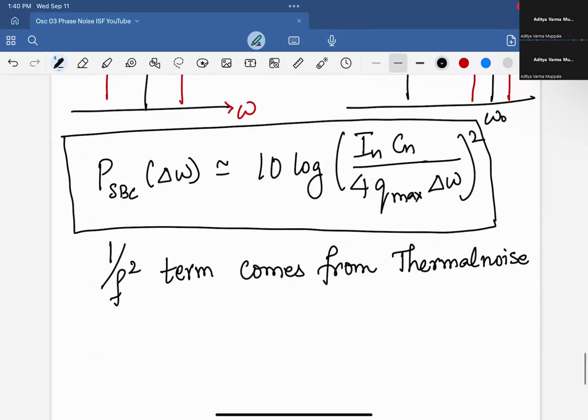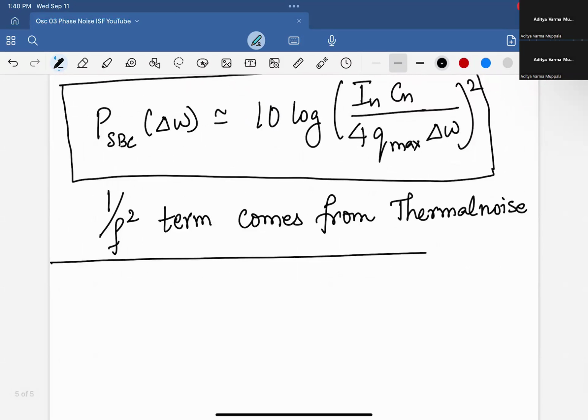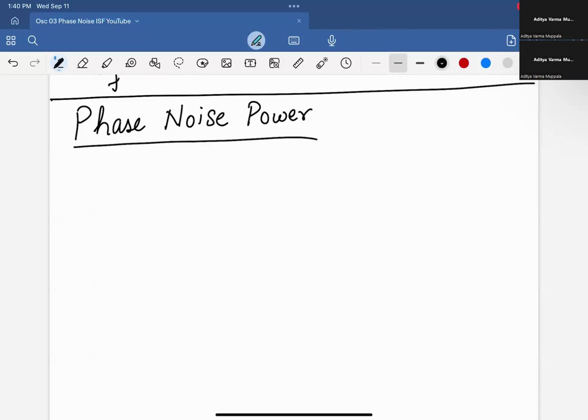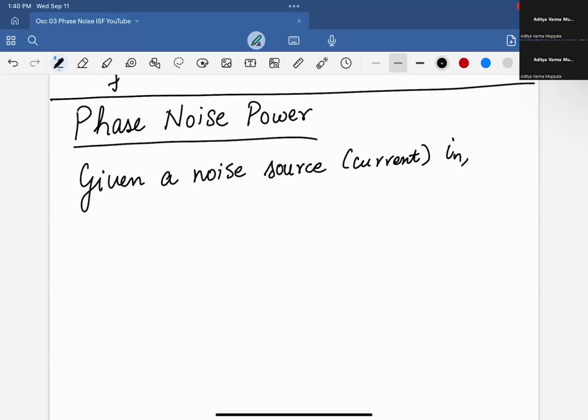Okay, so this is not completely the rigorous derivation for the noise part, since we've only looked at CW signals so far. So let's look at phase noise power. Now we move from continuous wave to noise. Given a noise source, I'll assume the current source model, i_n, the power spectral density is i_n squared bar divided by delta f.